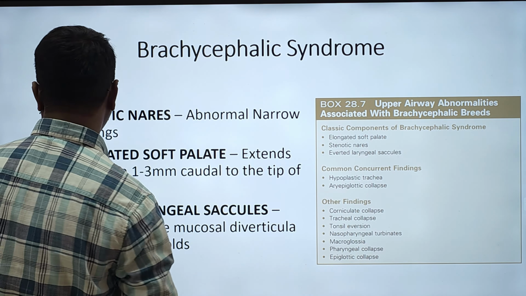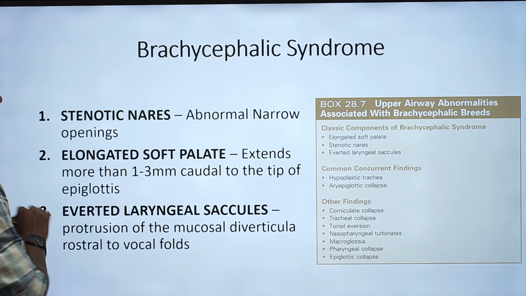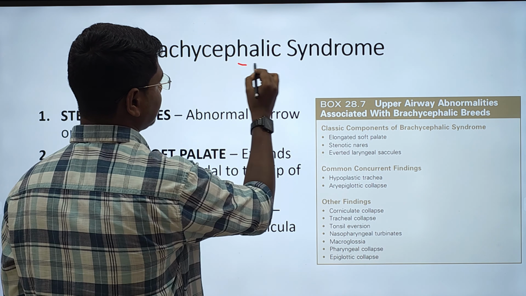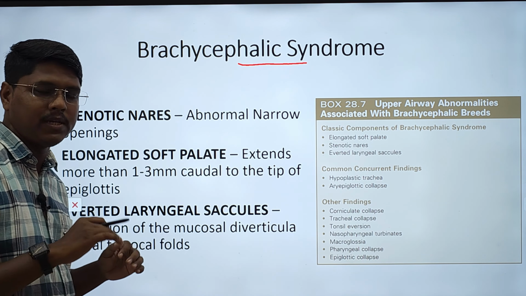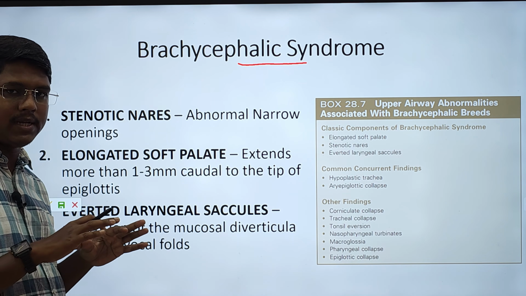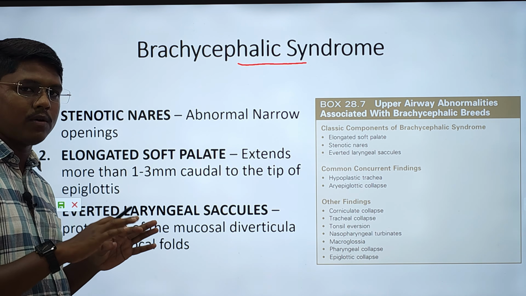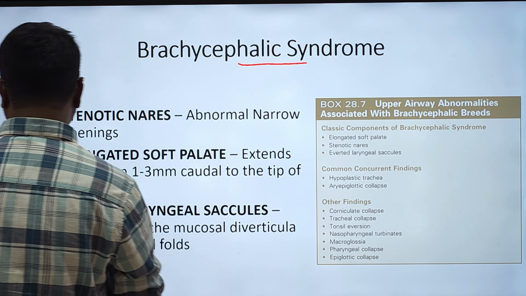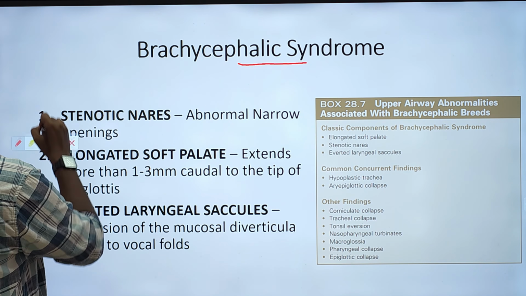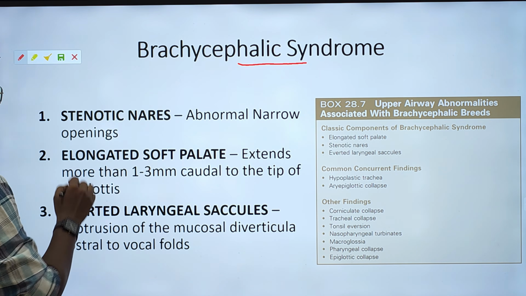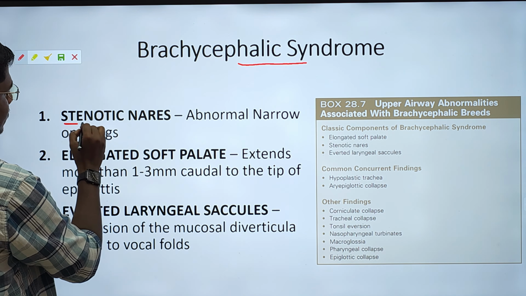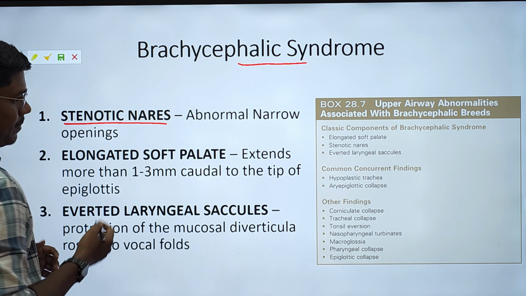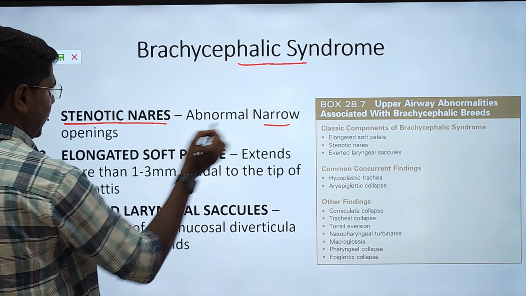The first disease is Brachycephalic Syndrome. It's in your course. This syndrome is found more particularly in deep-chested or brachycephalic animals. This disease has 3 primary symptoms or syndromes. First one is the stenotic nares, which means abnormally narrow openings.